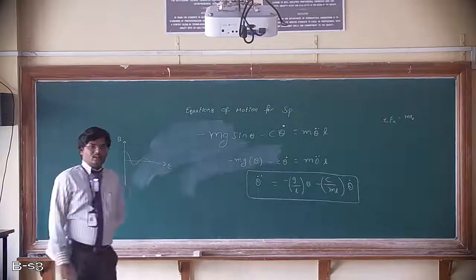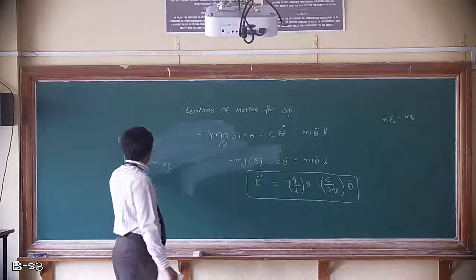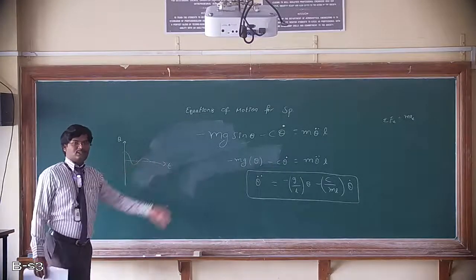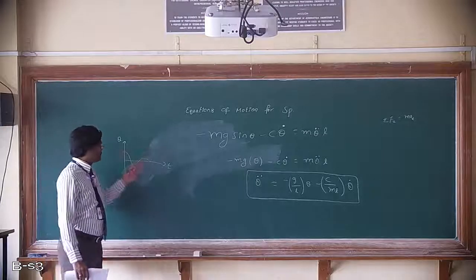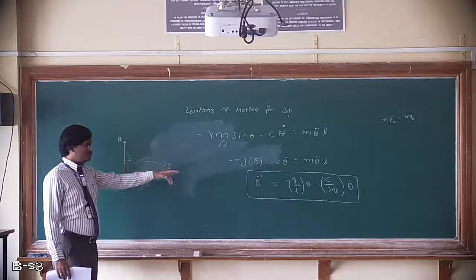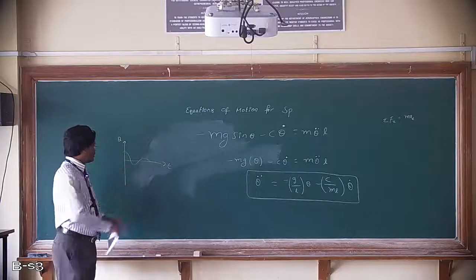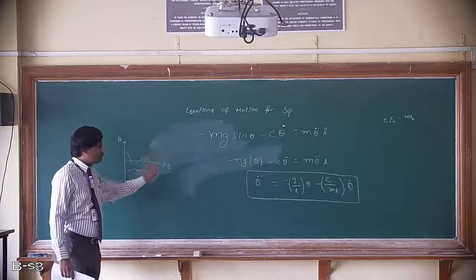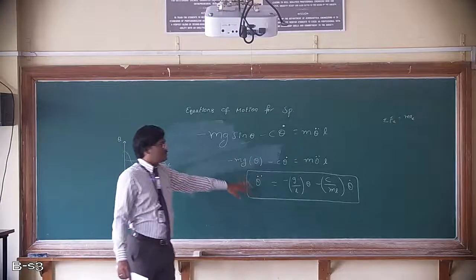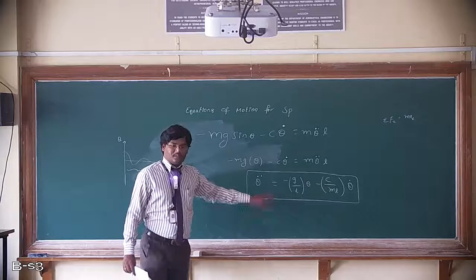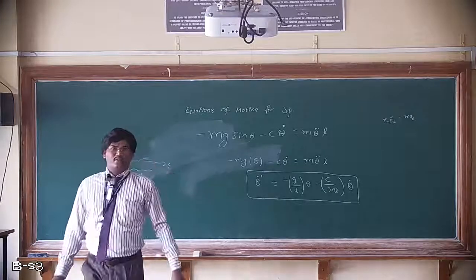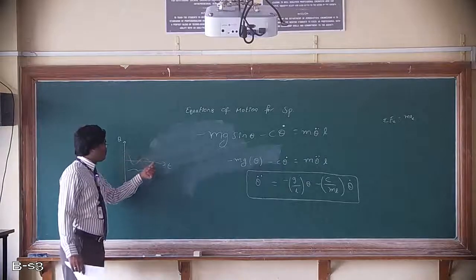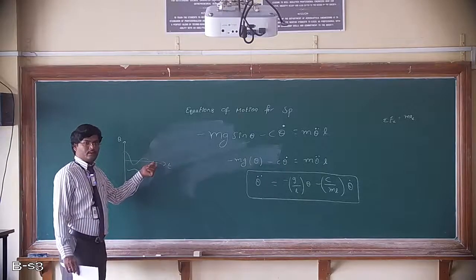Then you can explain what will happen in the future after some time t if you give a disturbance. You can assess whether this simple pendulum will come back to its original equilibrium point or not.